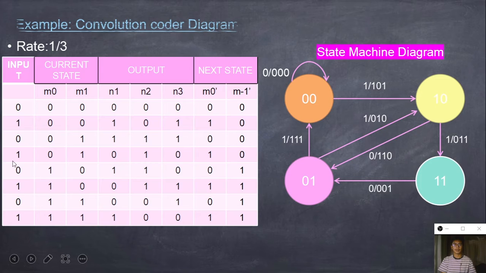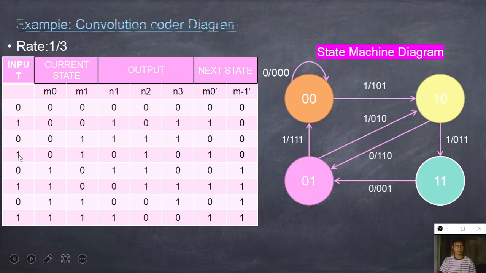Next, if the input is 0 and the current state is 1, 0, it goes to 0, 1, and from 0, 1 the next state is 0, 0 with an input of 0 and an output of 1, 1, 0.